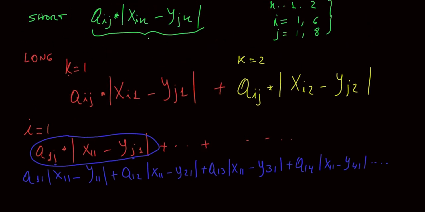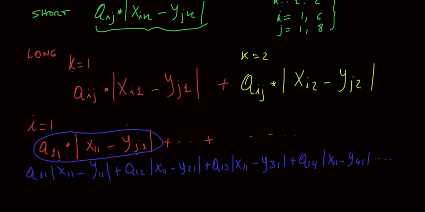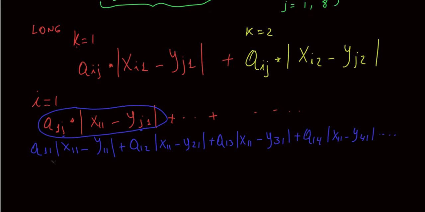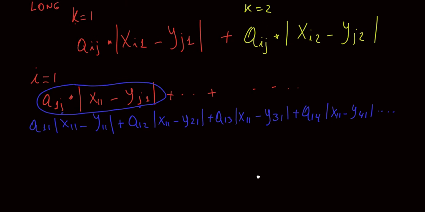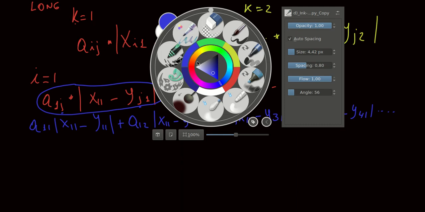So this green term represents 2 terms the moment that you expand over k. This pink term expands into terms for i equal to 1, and six more terms for i equal to 2. So we can choose another color, maybe this.